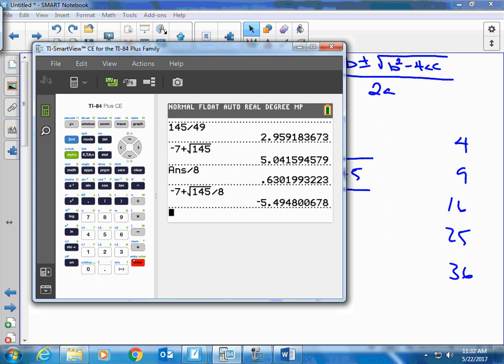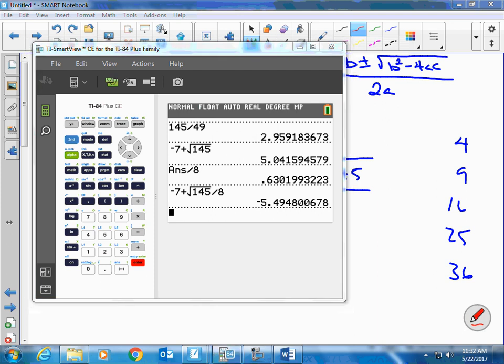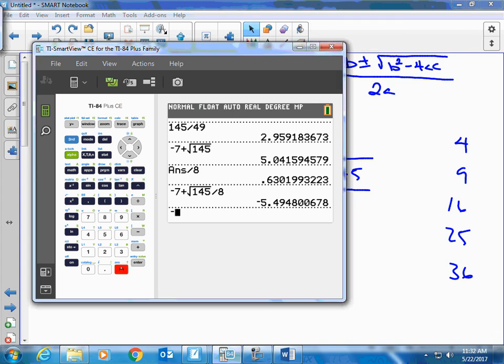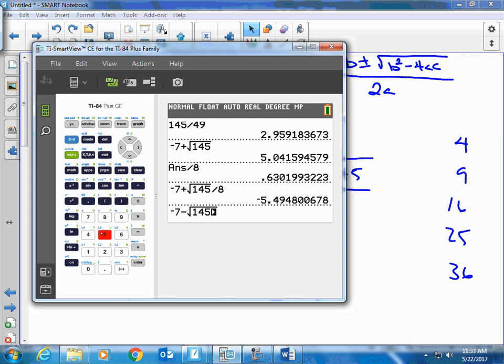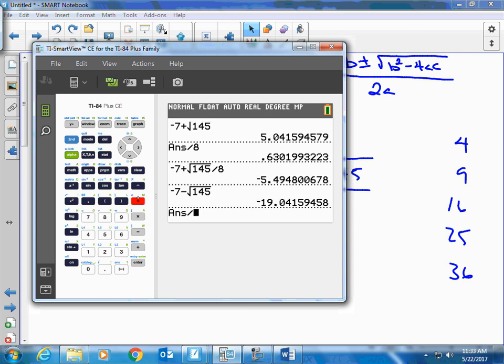That will not come out correct. It is the entire top term, negative 7 plus the square root of 145, that we're dividing by 8. So make sure you either put parentheses on top or you hit equals. My other answer is negative 7 minus the square root of 145 equals divided by 8.